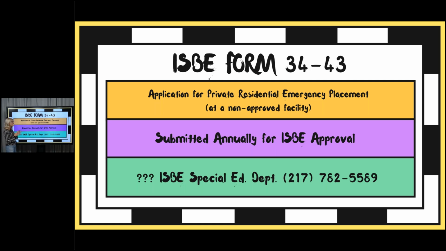There's a process to get to the 3443 application. But this is at a non-approved facility, and they call them non-approved facilities, but the way I see it, I don't think it can just be anywhere either. I don't really know how you get to be classified in this group of non-approved facilities.